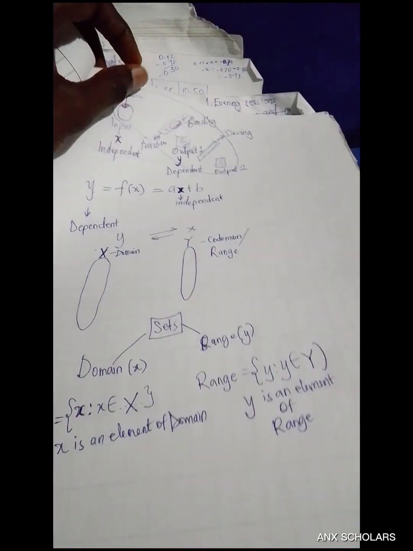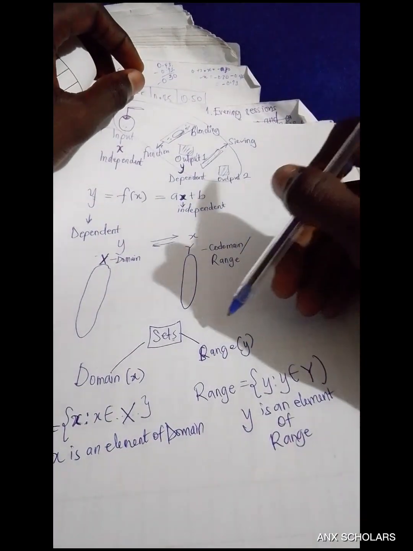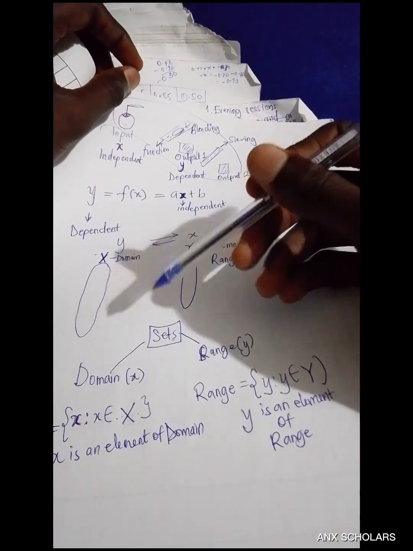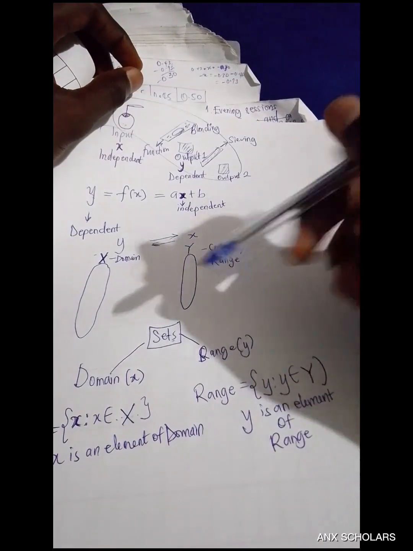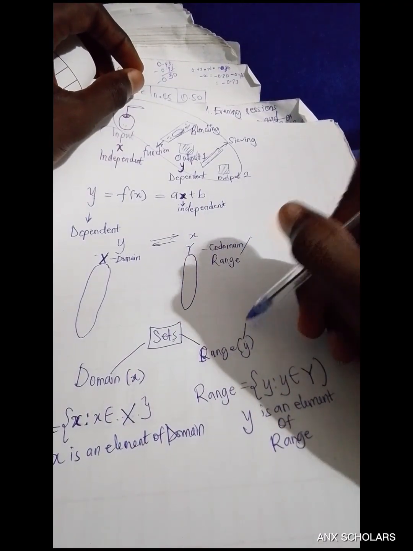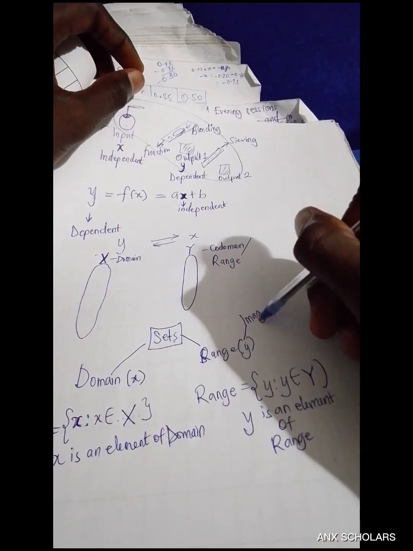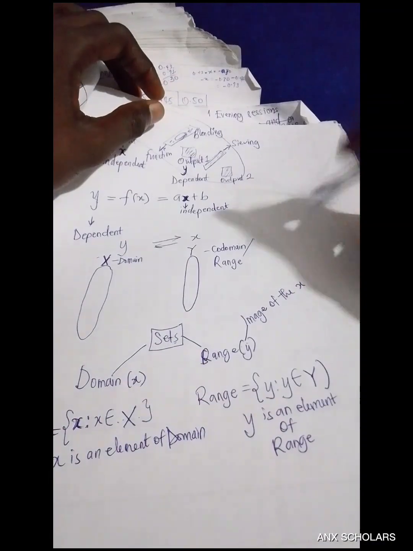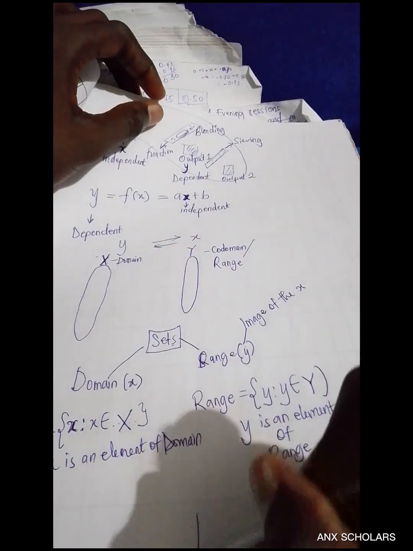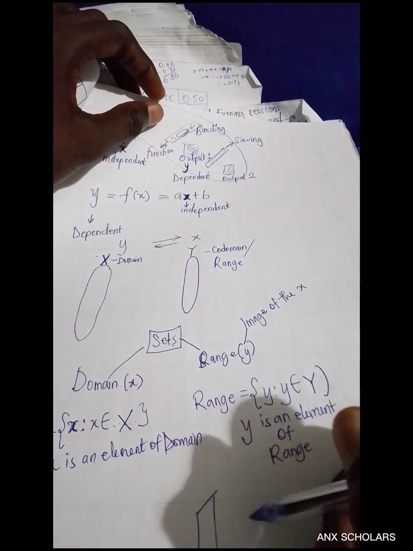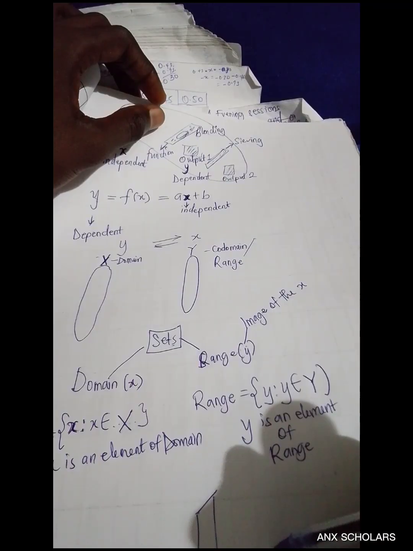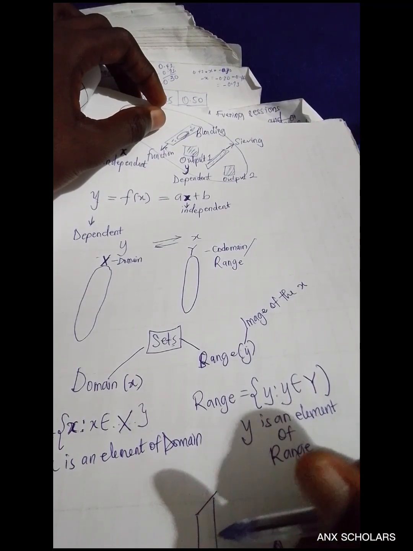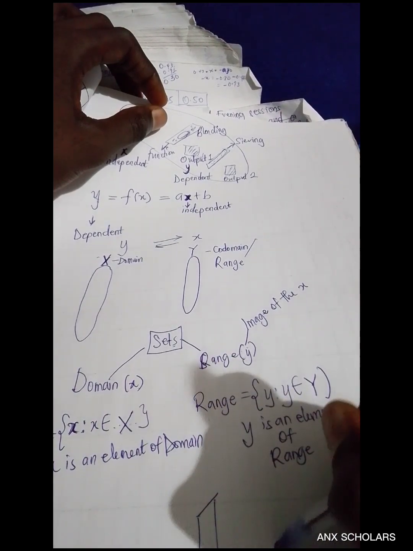So is this simple? When we talk about functions, function is the relationship between the x values and the y values. Most times the y values are called the image of the x value. It's just like a mirror kind of interaction. Let's say a boy is looking at himself. This is the boy here.